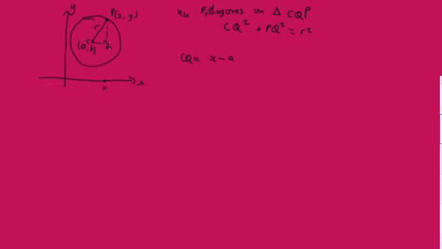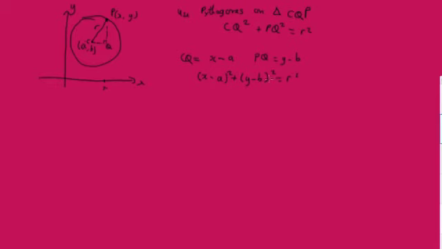So CQ is x minus a, and PQ is going to be y minus b. So if we put that into this, we will get x minus a squared plus y minus b squared equals r squared.